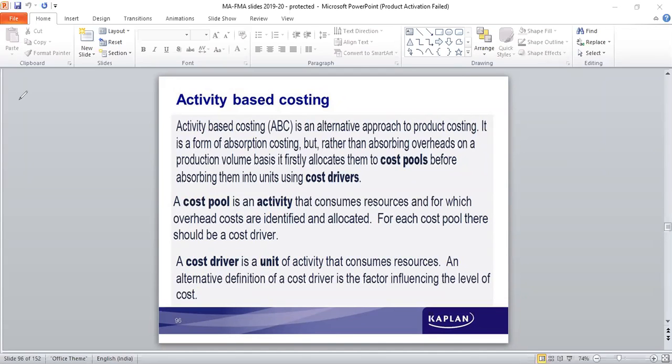See, how do we decide the selling price? Selling price is equal to cost price plus profit.